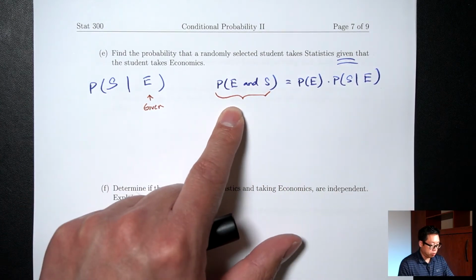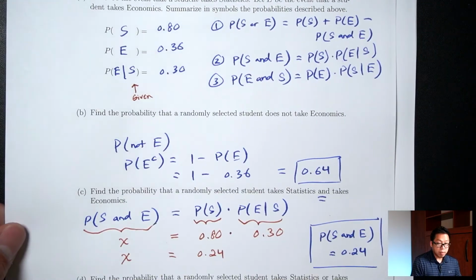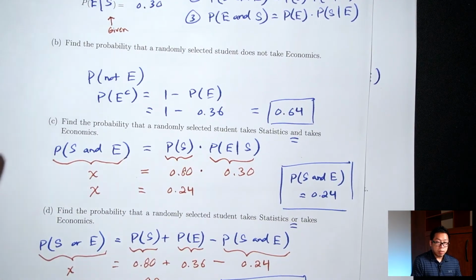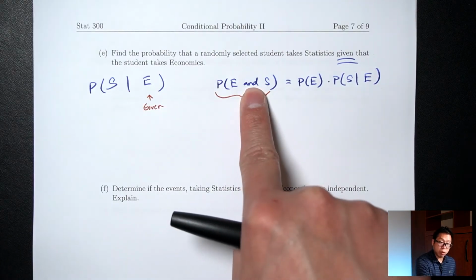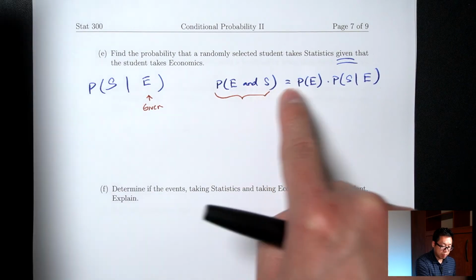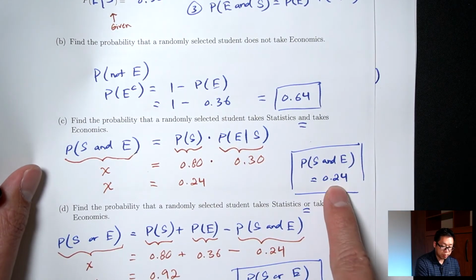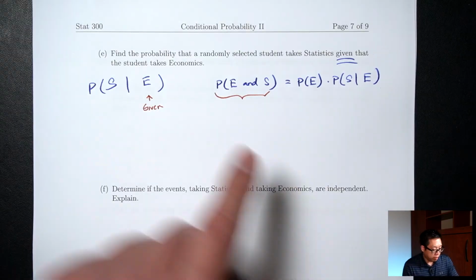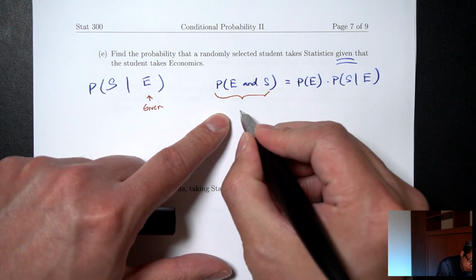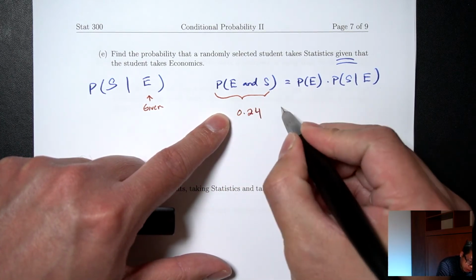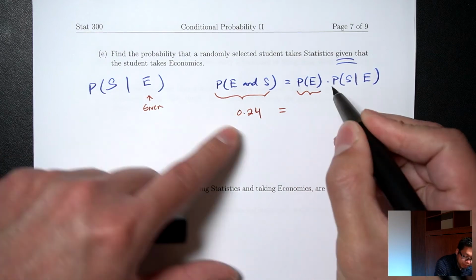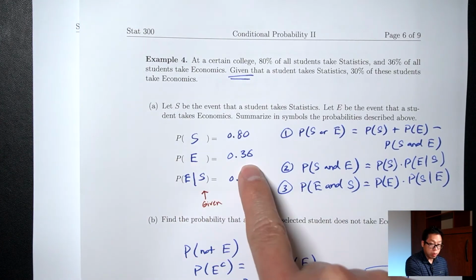E and S, do we know E and S? Yes, remember, for ands, the order does not matter. So E and S is the same thing as S and E. It's 0.24. So this entire thing on the left side is 0.24. There's the equals there. Probability of E, 0.36.